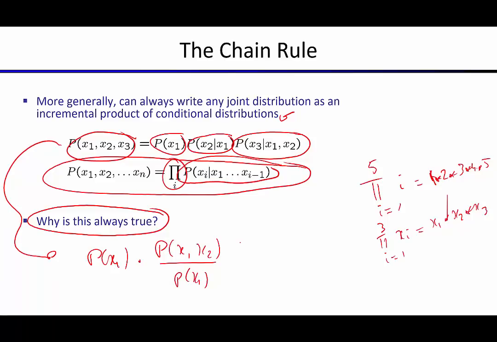Then the last one is p(x1, x2, x3) divided by the probability for x1, x2. And we see that things kind of just cancel out. And it doesn't matter how many of these you have. It goes to x4, x5. You keep following that pattern, things will keep canceling out. And indeed, you always have the joint distribution as a product of these distributions over single variables conditioned on preceding variables.